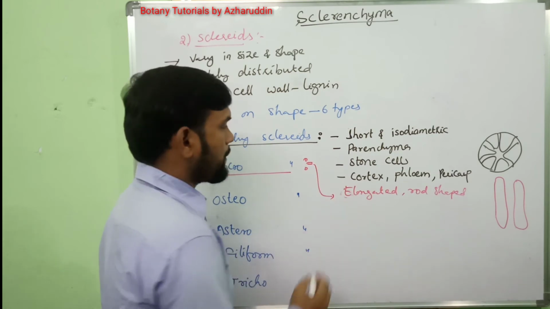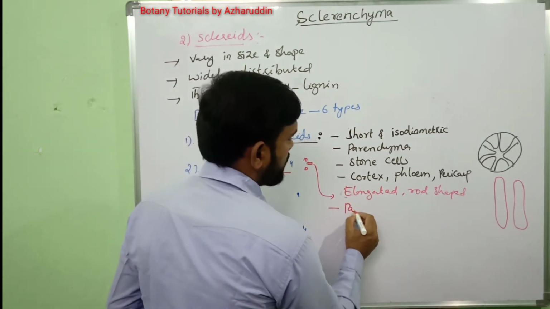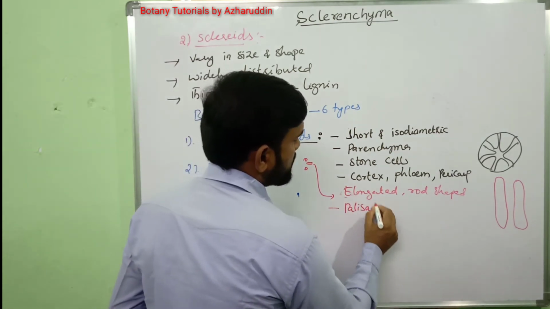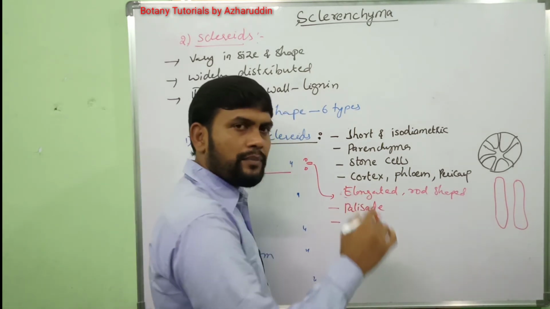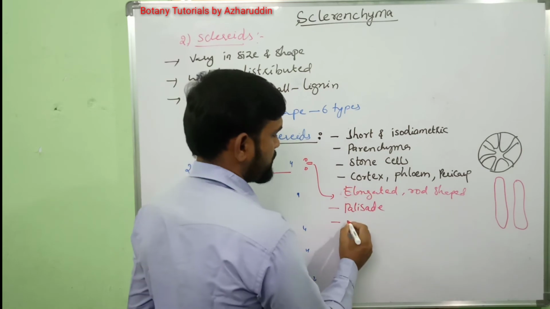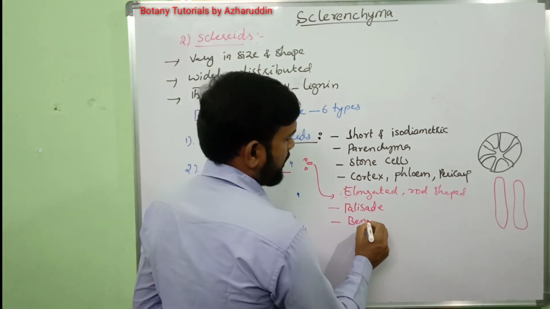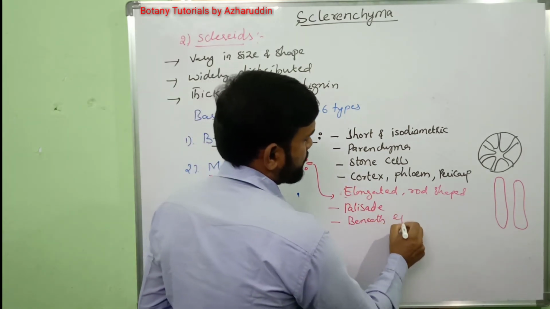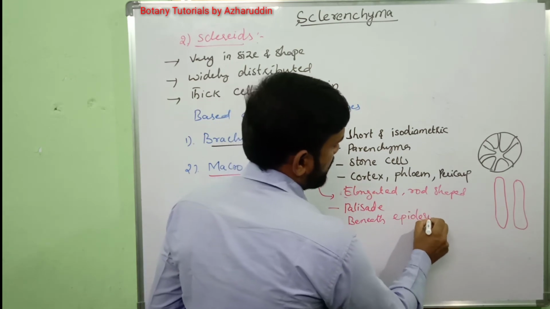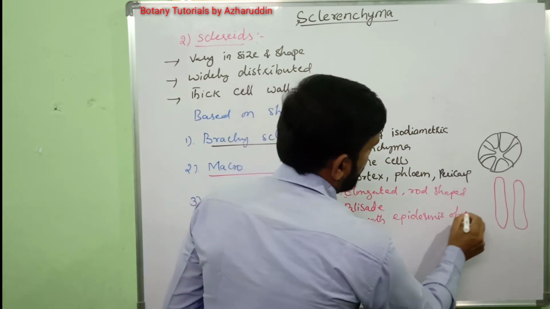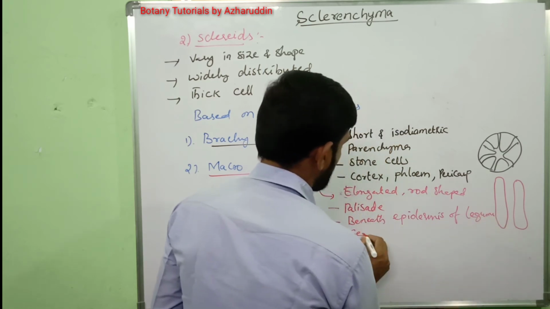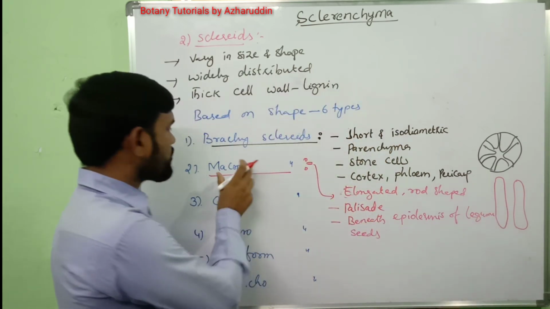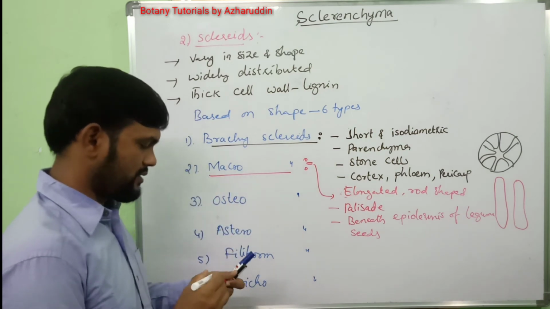They appear like palisade tissue, which is present beneath the epidermis of legume seeds. This is about the second type, macrosclereids.